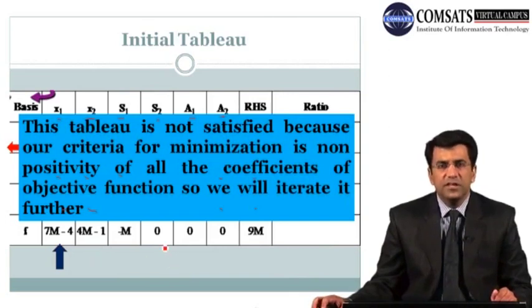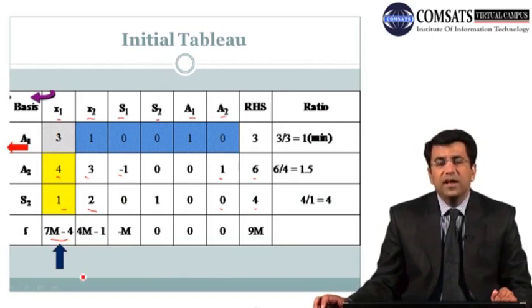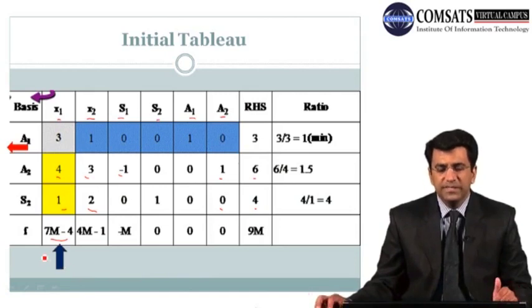But that is not the case here, because if we see the coefficient values of our objective function, the first value, with respect to the x1 coefficient, is 7m minus 4. Class, we have discussed that m is a very, very large quantity, and if we multiply that very large quantity by 7 and just subtract 4, it will again be a very large quantity.